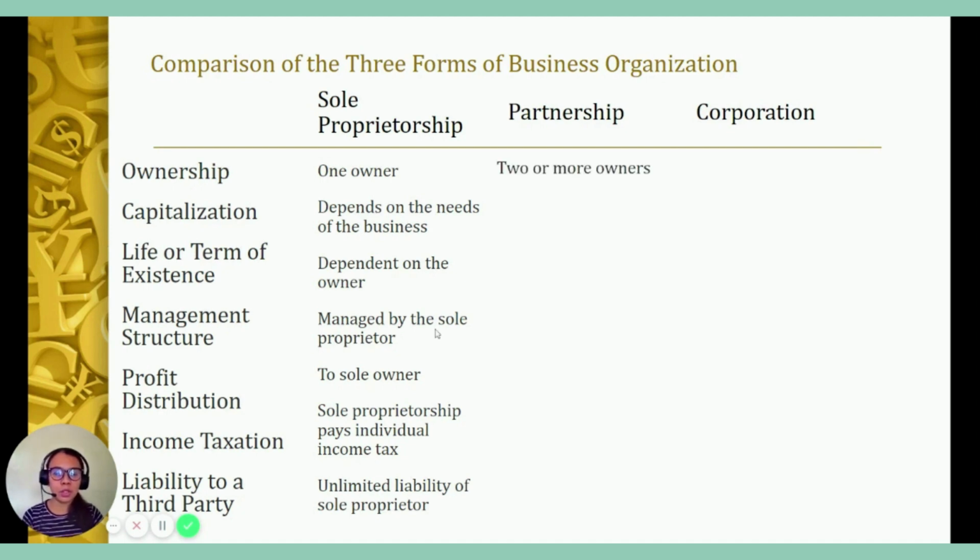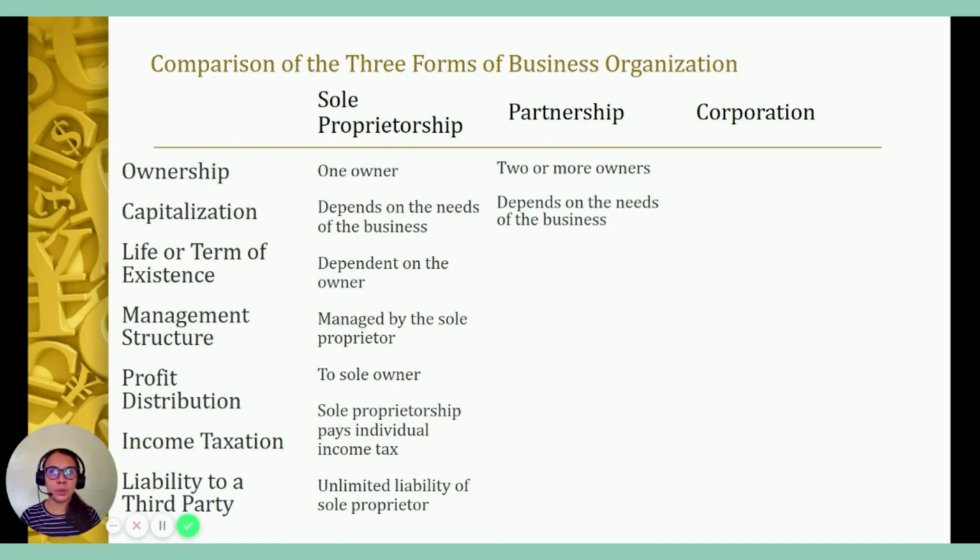Now, for a partnership, it is owned by two or more people. And the capitalization also depends on the business. If they want to start just a small trading partnership or business, then it might require lesser capitalization.